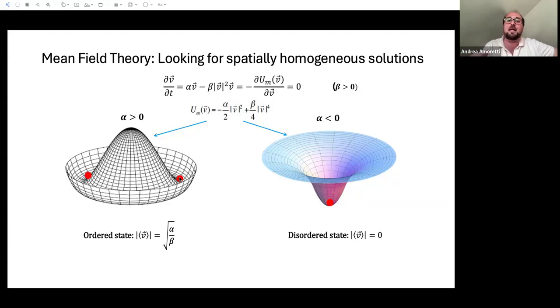At equilibrium, all the birds are moving towards a certain direction. Of course, this is one of the possible vacua. So the vacuum is continuous, and the vacua are connected by what you typically call a Goldstone boson. The orthogonal fluctuations, orthogonal to the modulus of the velocity, which is alpha over beta, are what you typically call in statistical physics the Goldstone boson, and they connect one vacuum to another.